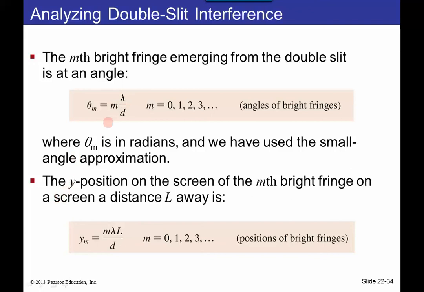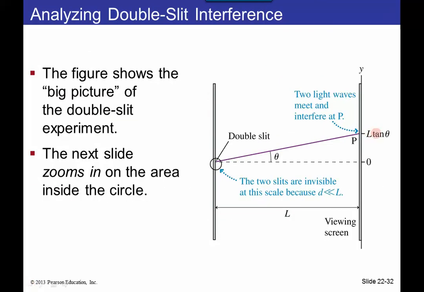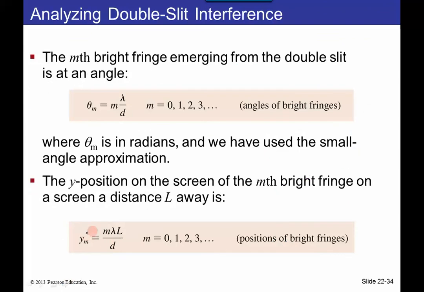And finally, from here, using this relation, L tangent theta and L, which is the position of the maximum here, you can get this expression for the position of the m-th maximum, or m fringe, in your diffraction pattern, and that is m lambda L divided by d.